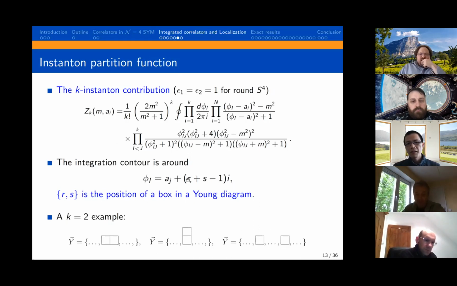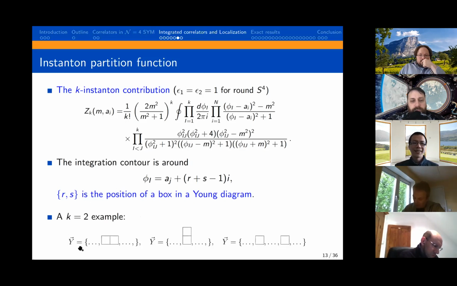Then there's R plus S, where I is an imaginary number, and R and S are basically the position of a box in a Young diagram. Let me give you examples. The first non-trivial example is 2 instantons.